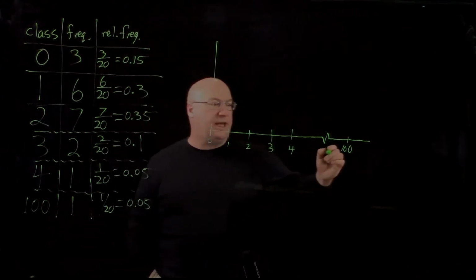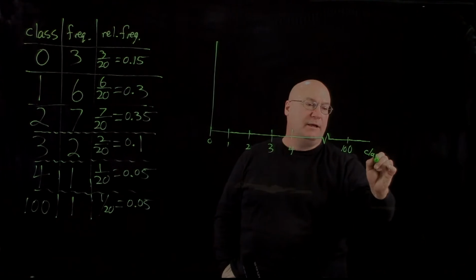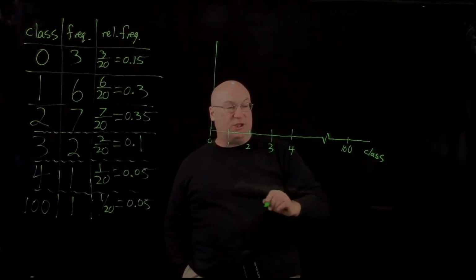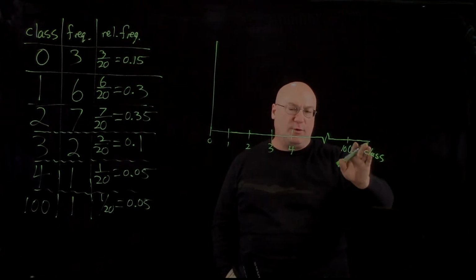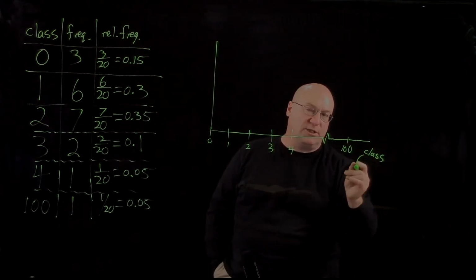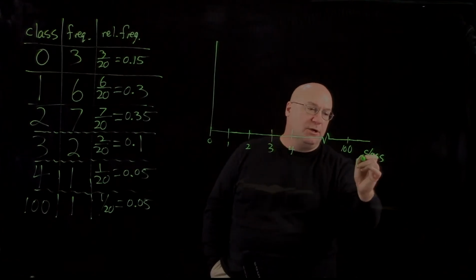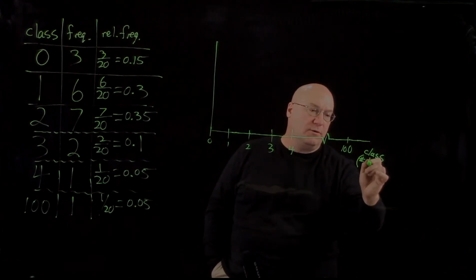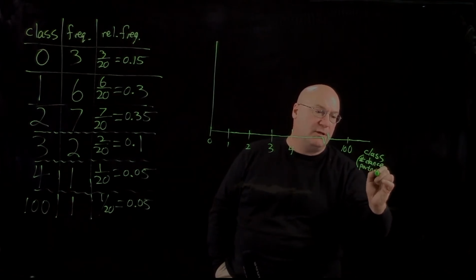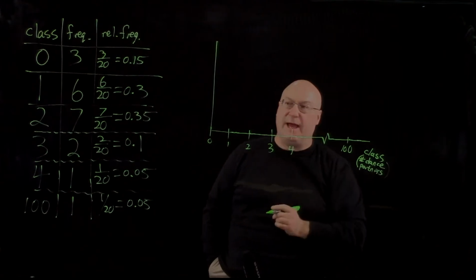Okay, so this is, again, the class. In the previous one, I just wrote class. That's fine, but we should be more descriptive here. Someone walking in on this problem would like to know what those data values are, and it's the number of dance partners, right? So we should really say that.